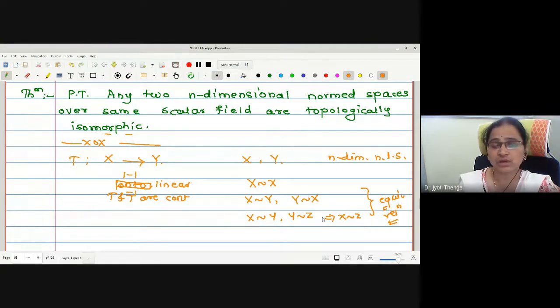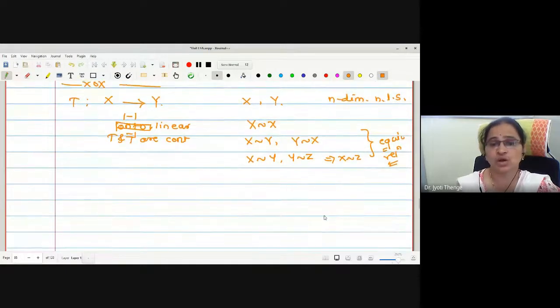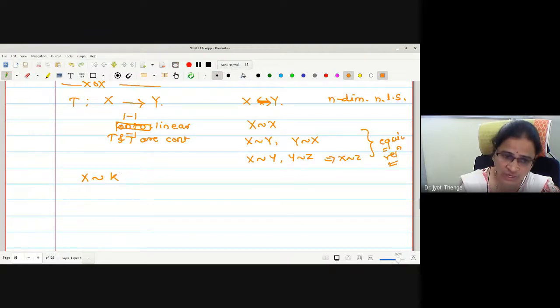So by use of this equivalence relation, instead of showing the topological isomorphism between the two spaces, we were going to show that initially X is topologically isomorphic with K^n. What is K^n? K is the field on which our scalar is defined and K^n is the n-tuple.